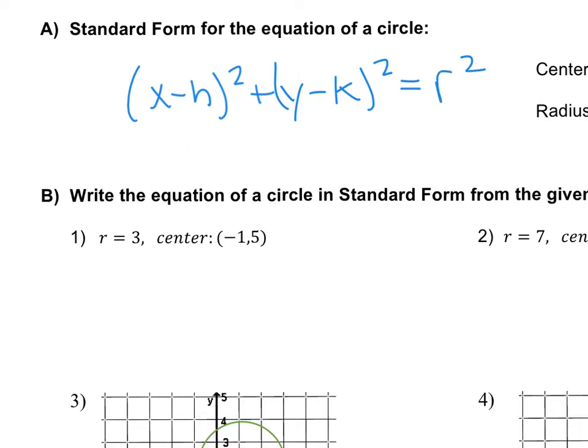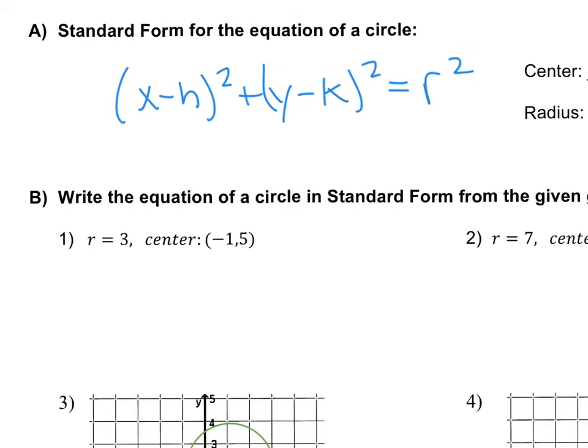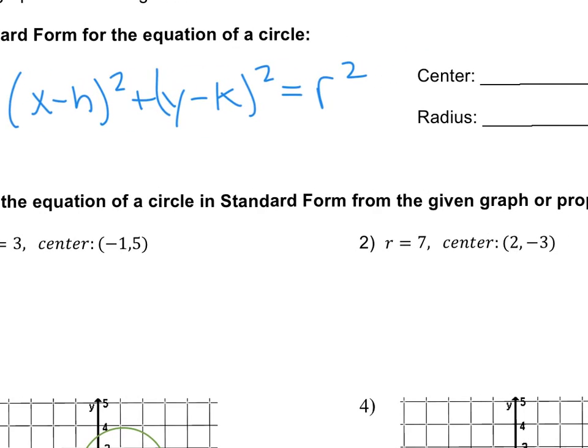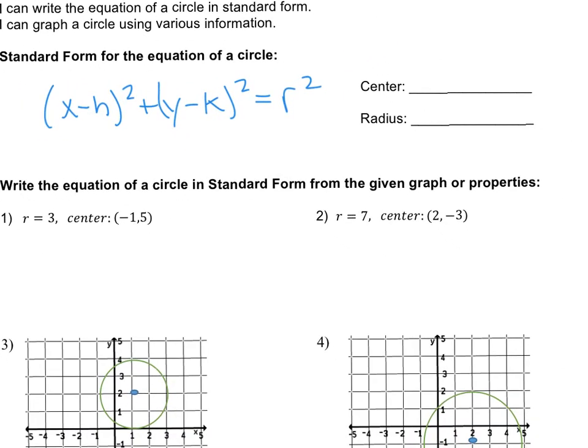So a lot of variables in here, but what they mean, x and y is obviously the same x and y we've always dealt with, and you could probably figure out what r deals with considering what we have over here. But circles are really easy shapes.